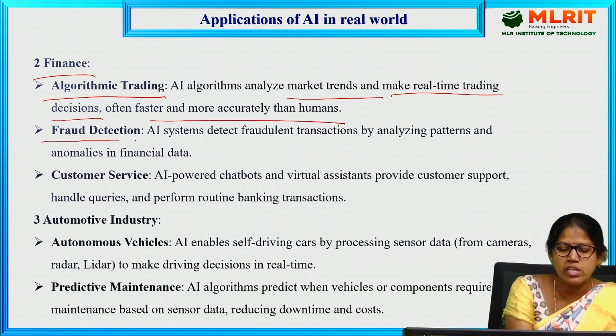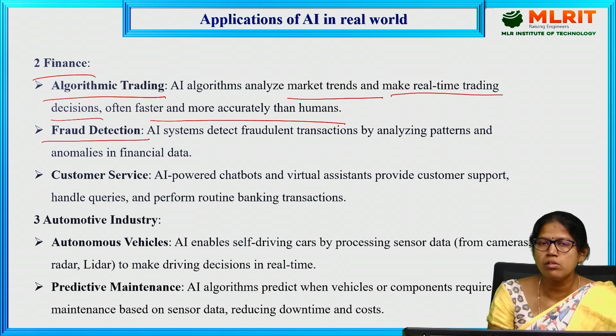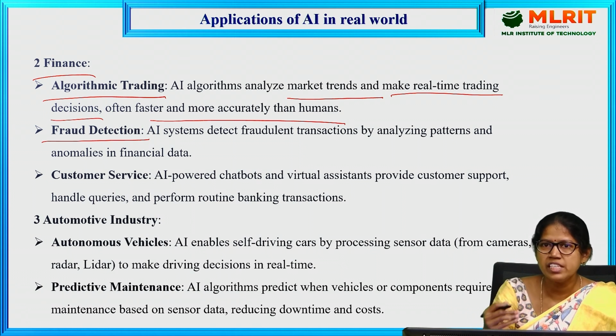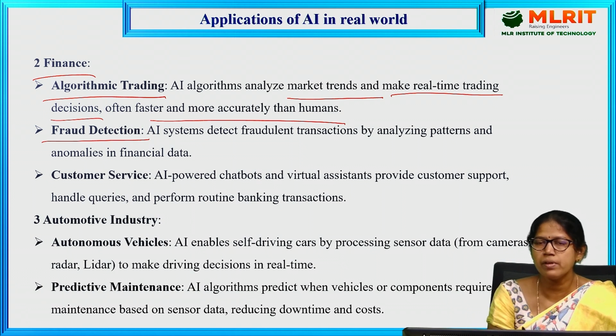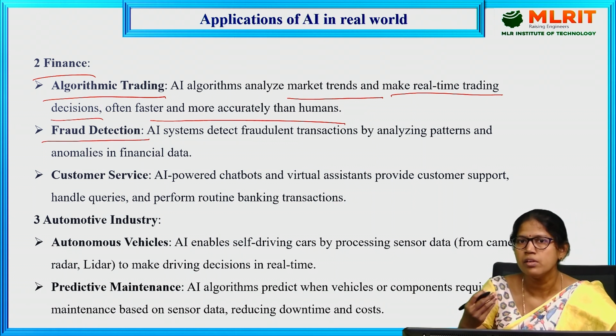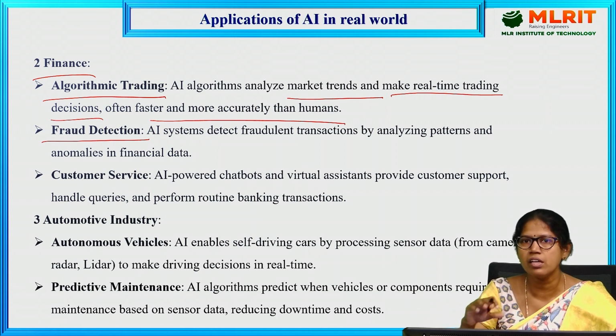Okay, next one is fraud detection. AI will keep on observing every person's details in a bank. For example, person A withdraws some amount on the first of every month, in the daytime only.